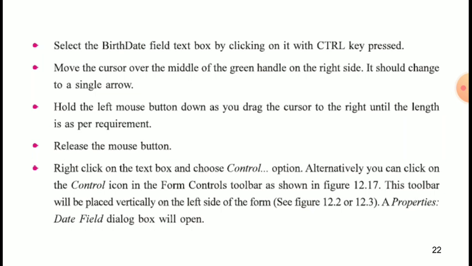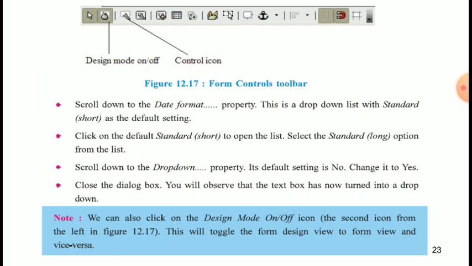Release the mouse button. Right click on the text box and choose control option. Alternately, you can click on the control icon in the form controls toolbar as in figure 12.17. This toolbar will be placed vertically on the left side of the form. See figure 12.2 or 12.3. A properties date field dialog box will open. So that is the design mode on off and the control icon. So that is the form controls toolbar.